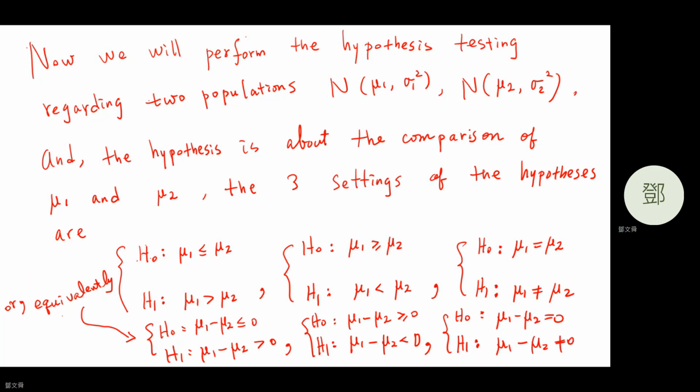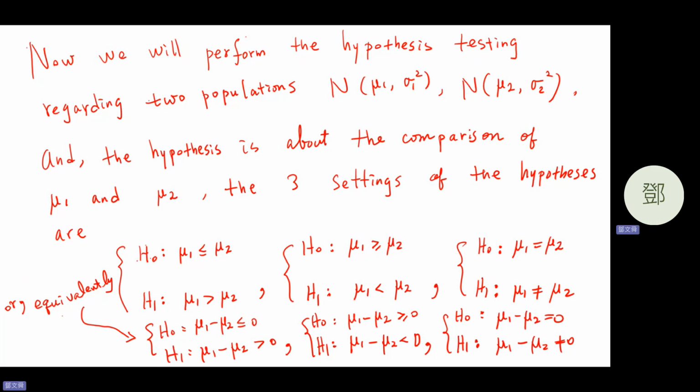Okay? So we often convert this one into the second one, this one into the second one. And we will use this in the hypothesis test. Okay? Understand? And now we will need this formula.